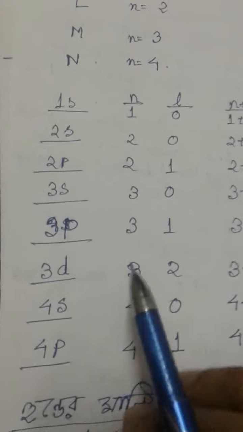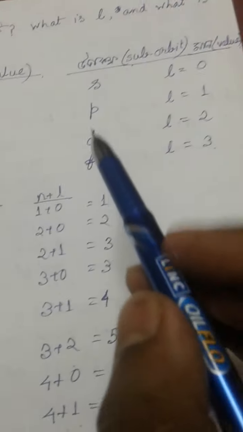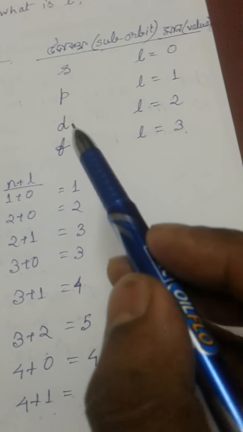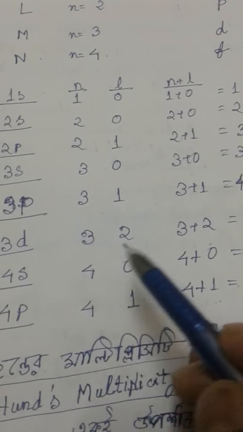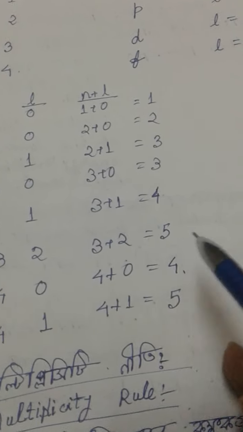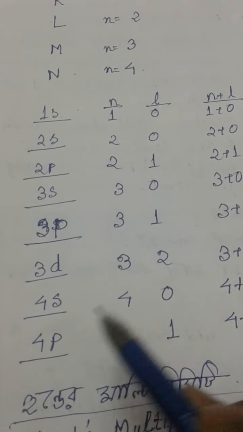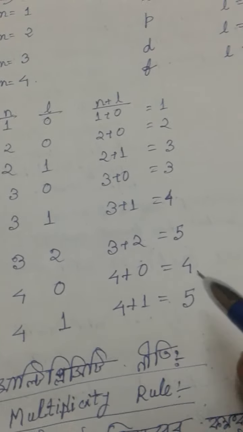And in the case of 3d and 4s, 3d has n value 3 and L value 2. Notice that for d, L is 2, and for 3d the n plus L value is 5, since 3 plus 2 is 5. For 4s, n is 4 and L is 0, so 4 plus 0 is 4.